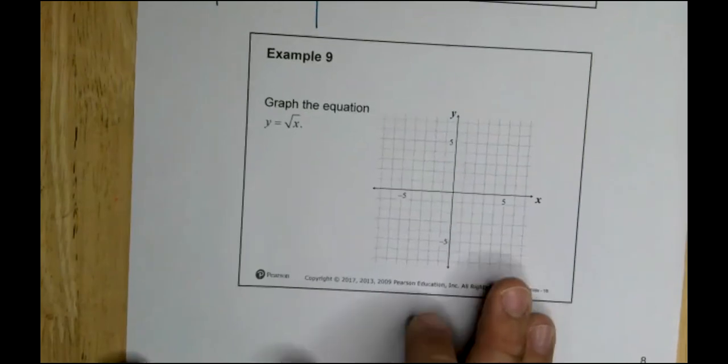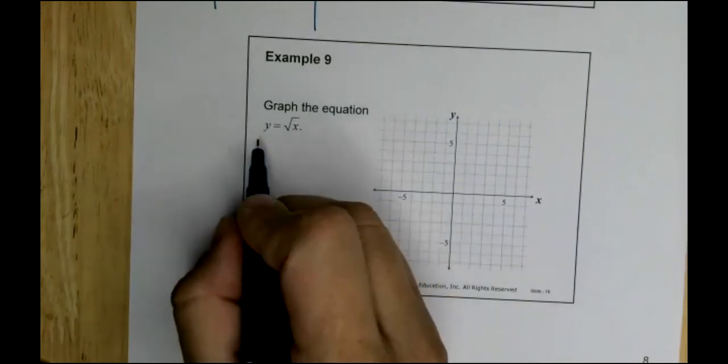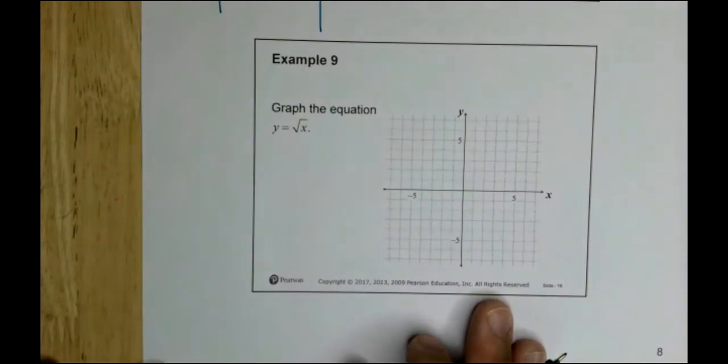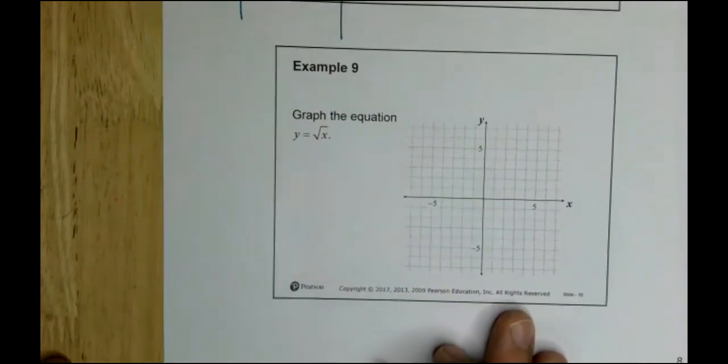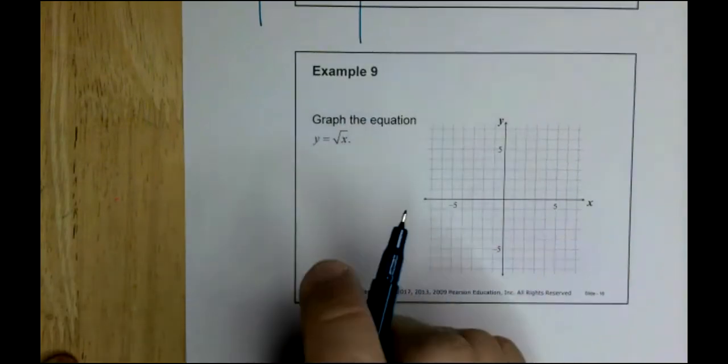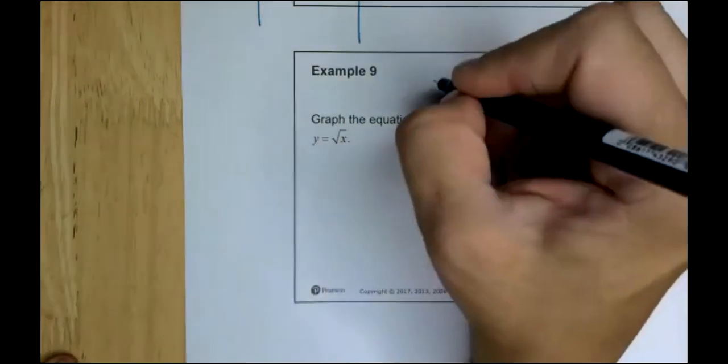Example 9. Graph the equation y is the square root of x. What do we know about the square root? What can you not put under the square root symbol?